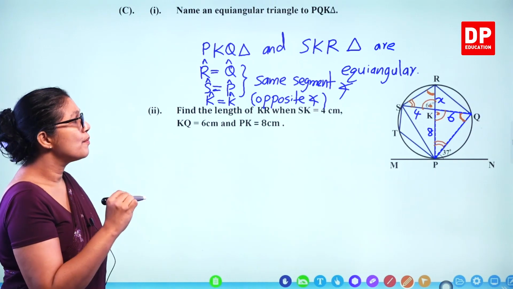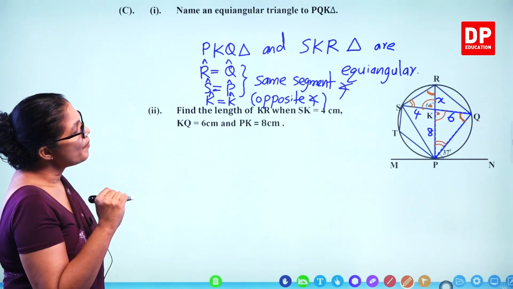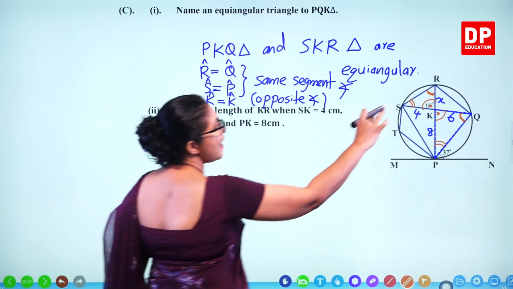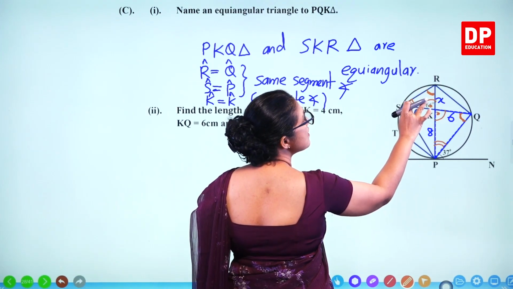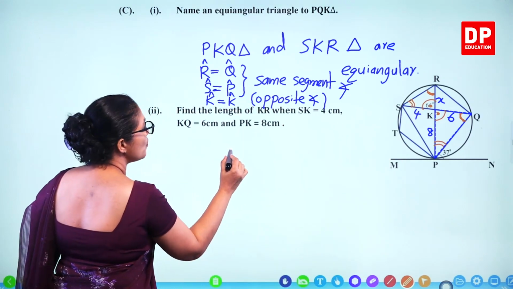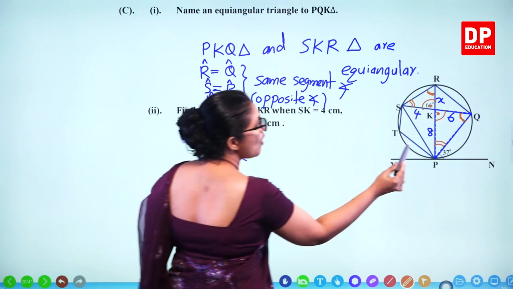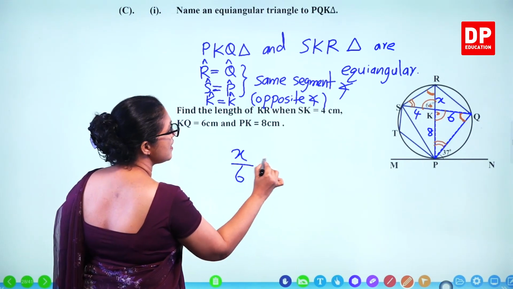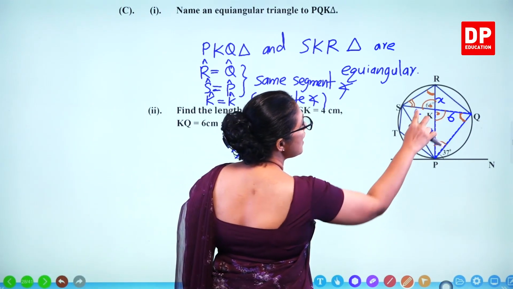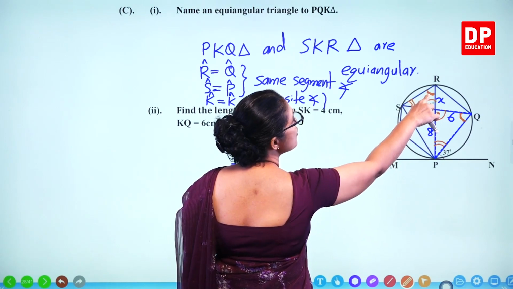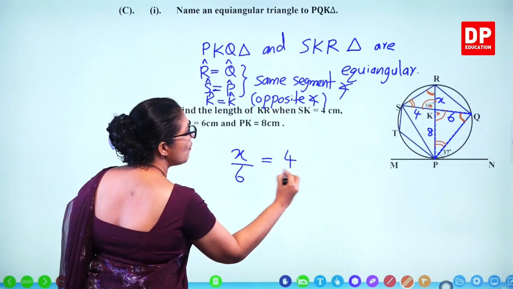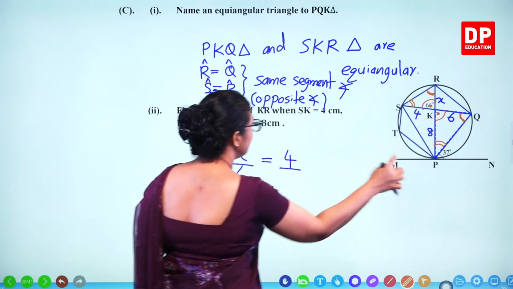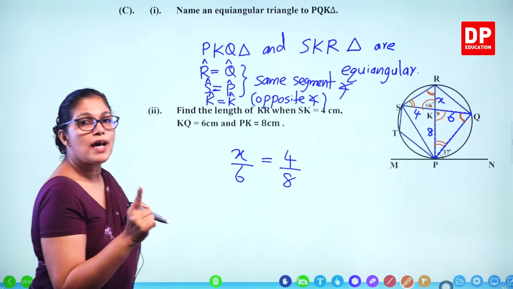So you can use the ratio. This x is opposite to this angle, double lines, so opposite to the double line is 6. So x over 6 is equal to, in this triangle, 4 opposite to this angle, and opposite to that angle is 8. So the ratios are equal.